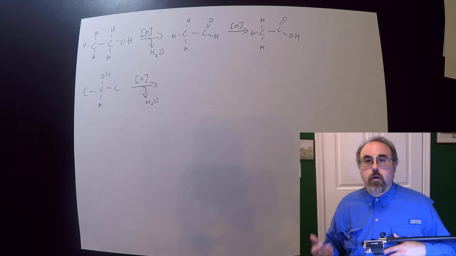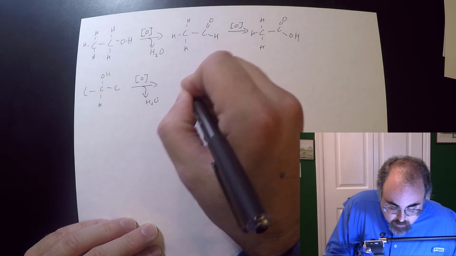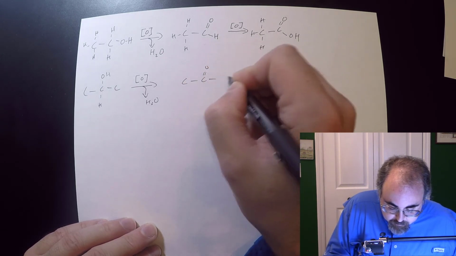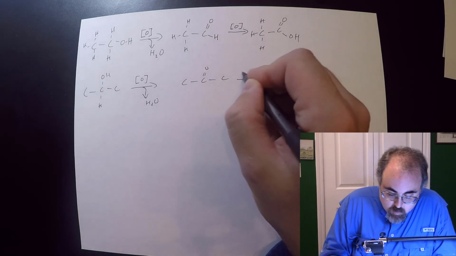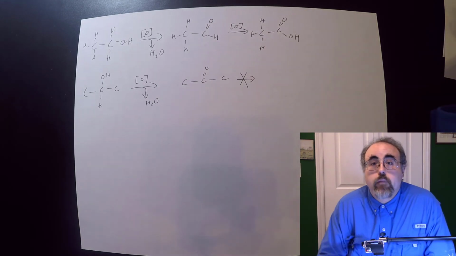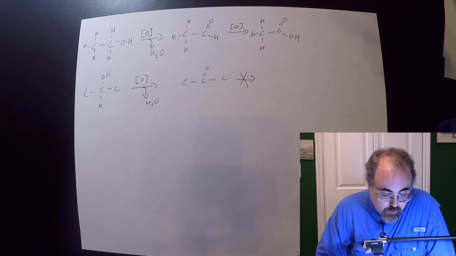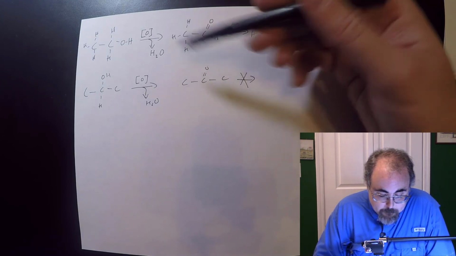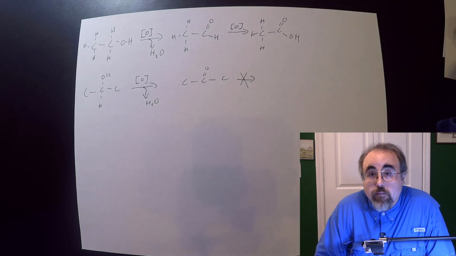Typically, this is going to come off as water because you probably had an oxygen going on over here. And you're going to get yourself a ketone. And you can't go further because you don't have a hydrogen to pull off.